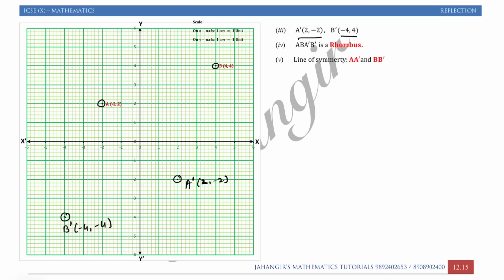Now give the geometrical name of A, B, A dash, B dash. Whenever they ask for a geometrical name, you always have to start joining from the first letter. First you have to join A, B, then B, A dash, then A dash, B dash. You have to keep joining in that way.